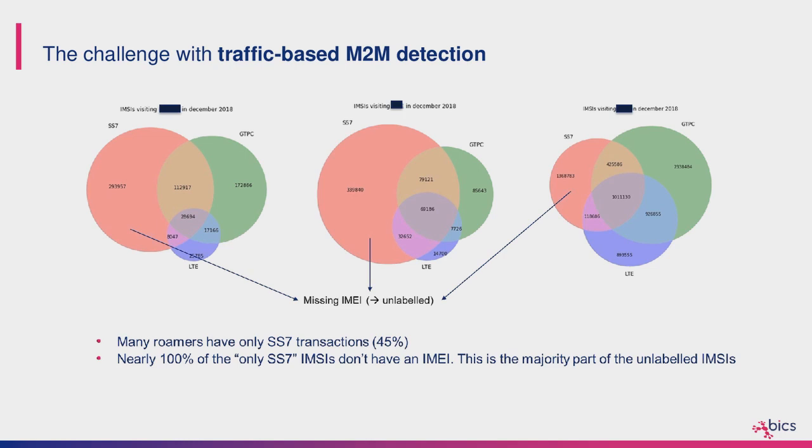In the middle graph, we can see that for some operators, the problem is compounded by the fact that the vast majority of the IMSIs in a given network will generate purely SS7 traffic. So in other words, the number of roamers where I have such limited information to make a classification decision is huge. I don't have the ability to rely on, again, device information, which is available normally over here.